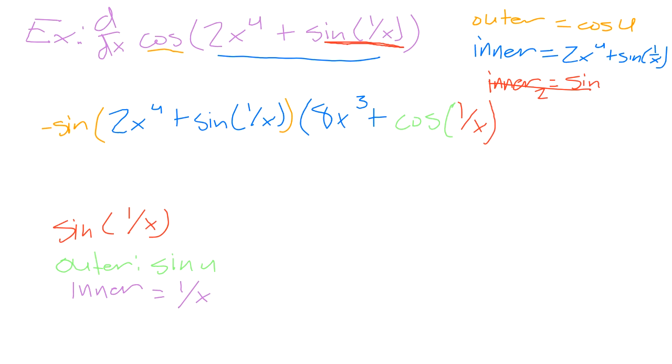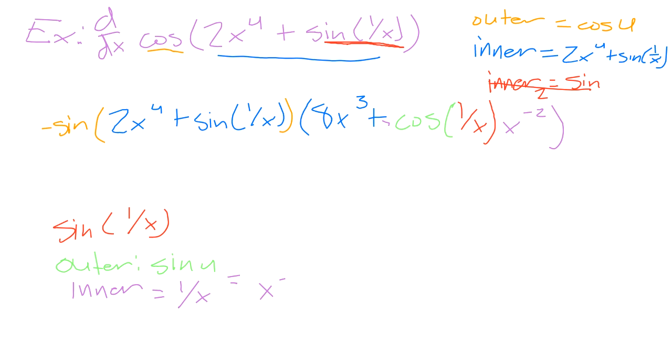But now we also have to take that innermost function into account. The derivative of 1 over x is the same as saying we have x to the negative 1, so we'll be left with negative x to the negative 2 as our derivative for that.